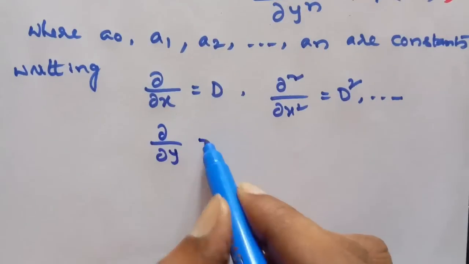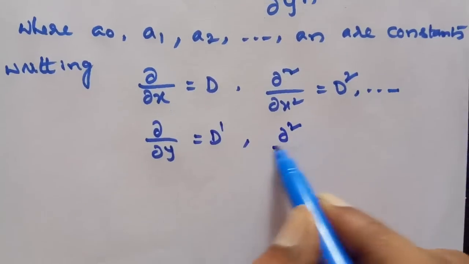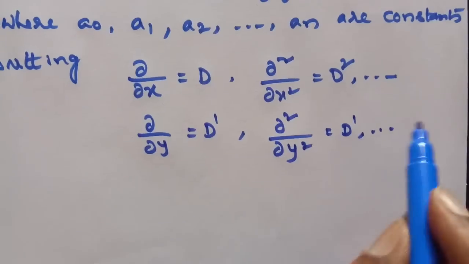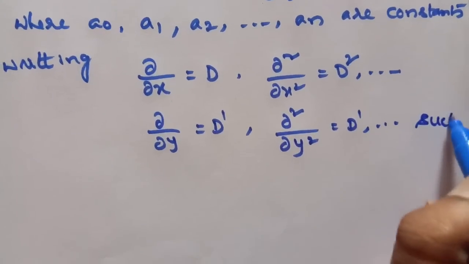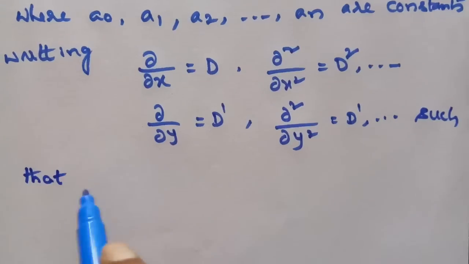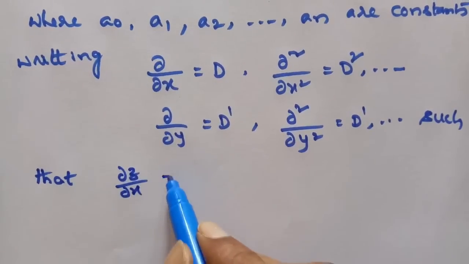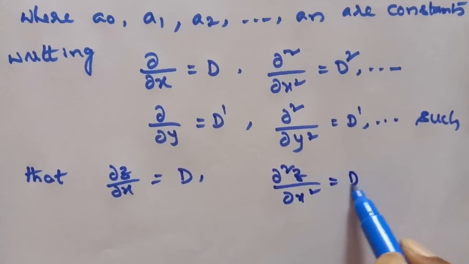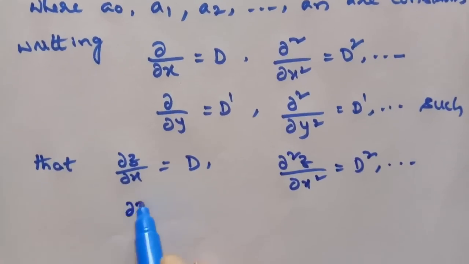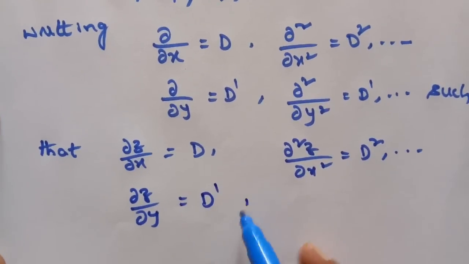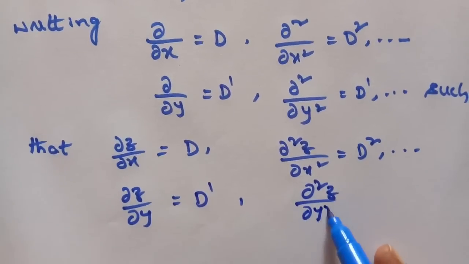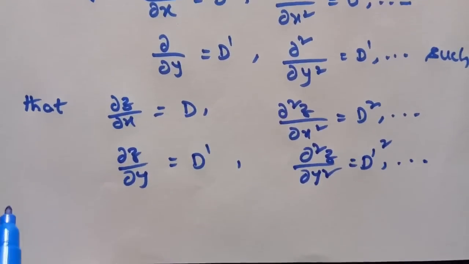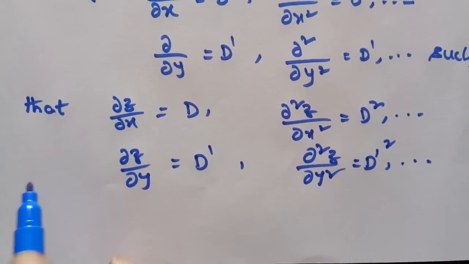Dou by dou y equal to D dash, dou square by dou y square equal to D dash square and so on, such that dou z by dou x is D z, dou square z by dou x square is D square z and so on, dou z by dou y is D dash z, and dou square z by dou y square is denoted by D dash square z.